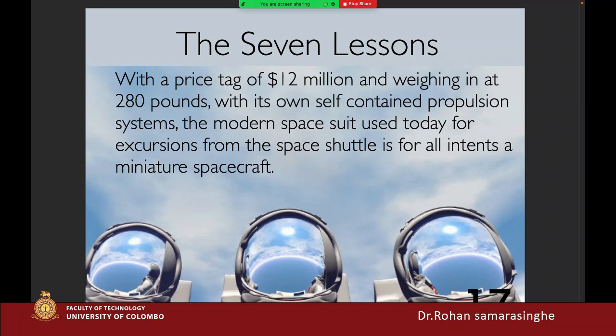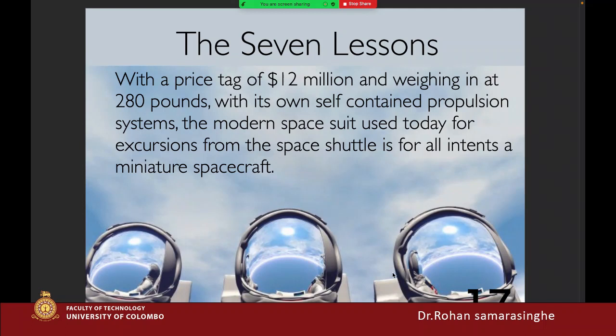So the weight is 280 pounds, but the cost is 12 million, and it has its own self-contained pollution systems. Actually, it has a certain system, and it must also maintain the temperature.